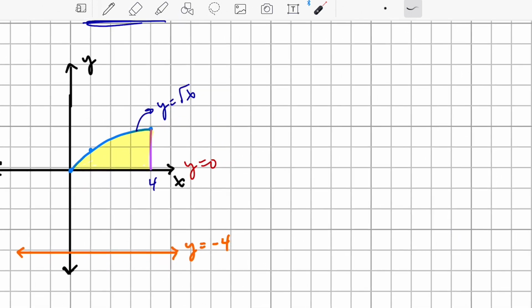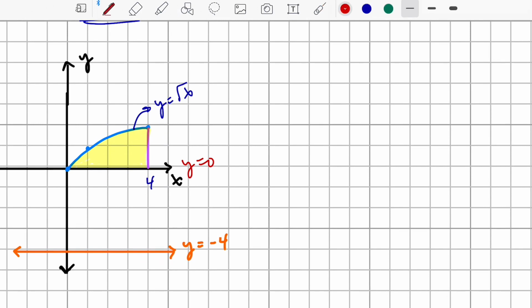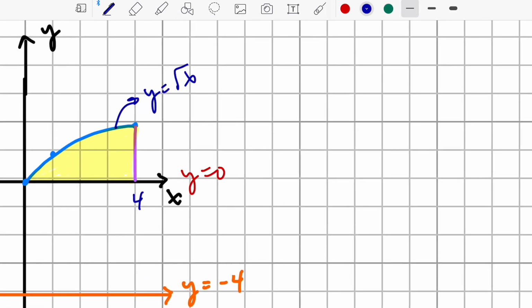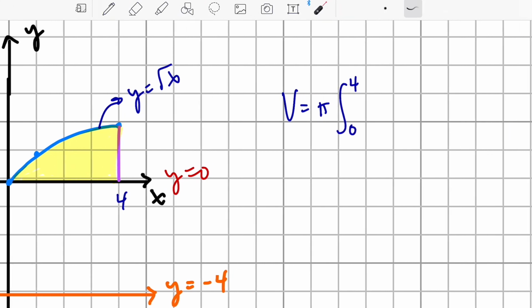Okay? So let's set up our integral. So volume is pi, the integral from 0 to 4, and the function that is furthest away is going to be this one minus a negative 4.